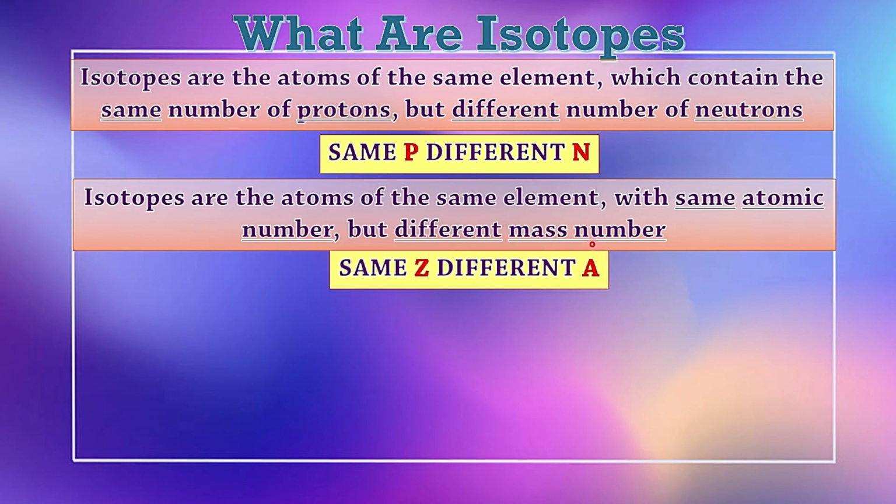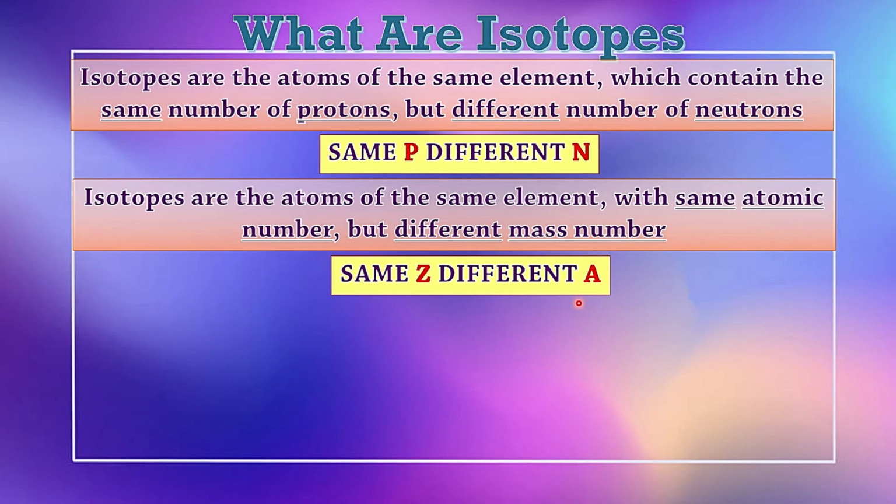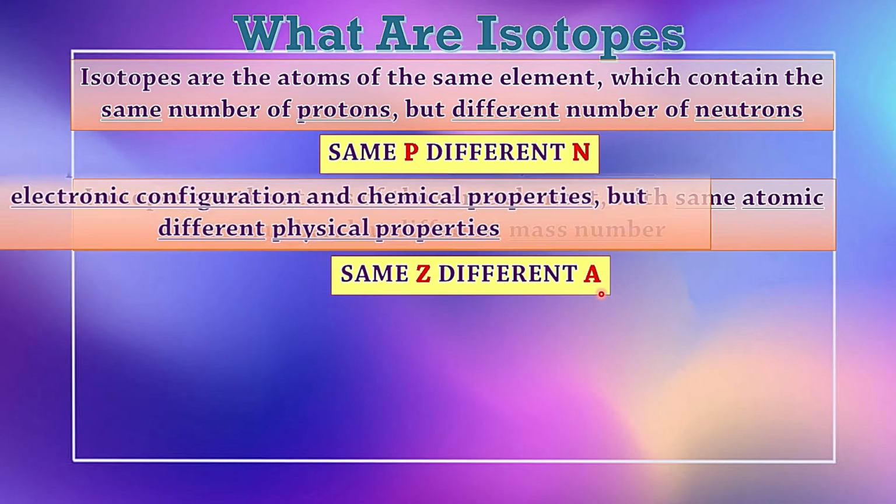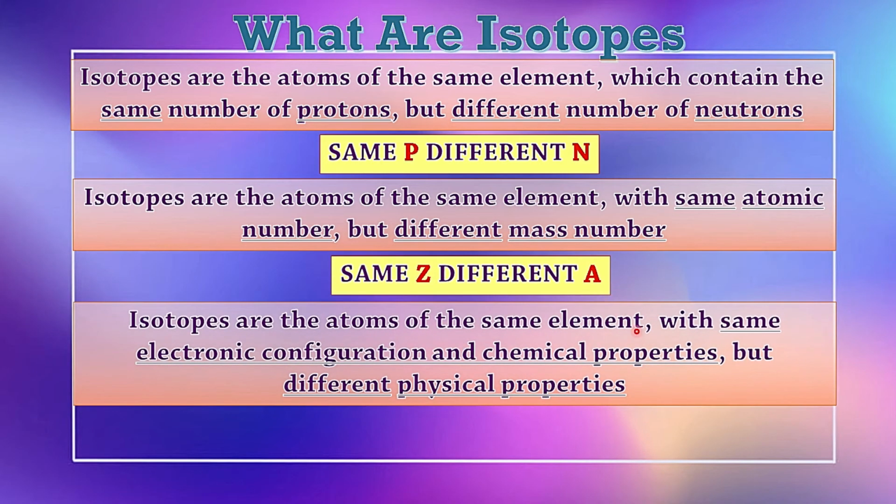So isotopes can also be defined as atoms of the same element with the same atomic number but different mass number. Therefore, isotopes have the same electronic configuration and chemical properties, because electronic configuration belongs to the number of electrons present in shells or subshells, and chemical properties are also related to electrons.